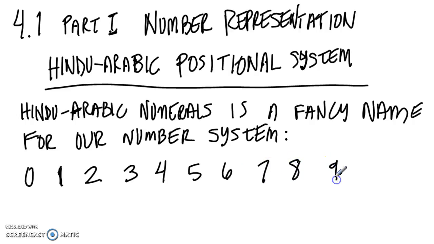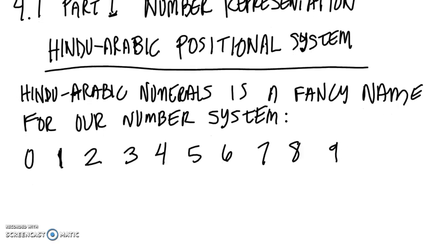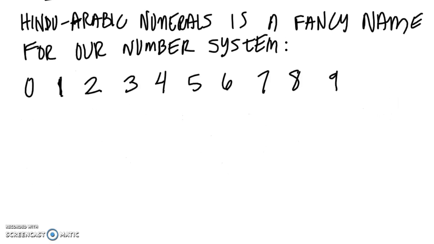A long time ago, they were trading goods, floating on ships, trading at different places, and this system won out. It was just more convenient than Roman numerals, a lot faster to work with. Basically, it's a positional system.